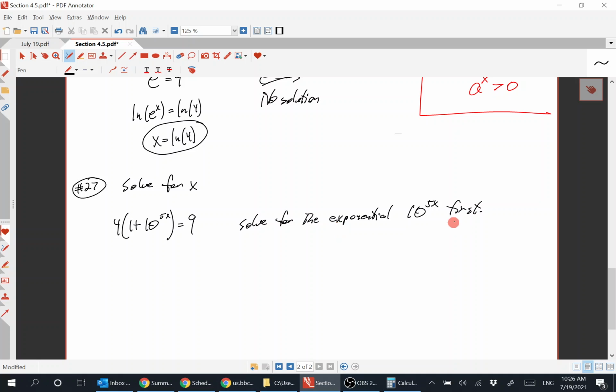So solve for the exponential 10 to the 5x first, then apply log base 10 to both sides of the equation.